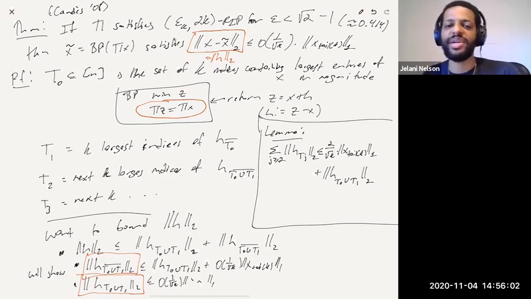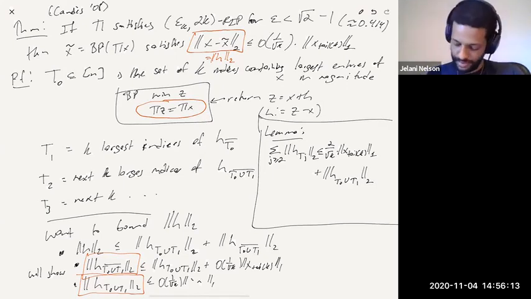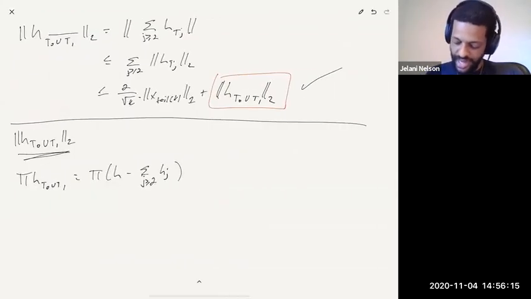Let me not try to interpret that further, but ultimately it's a statement about the kernel of an RIP matrix. If a vector is in the kernel, it satisfies a certain property.